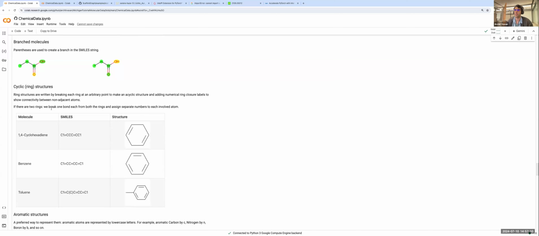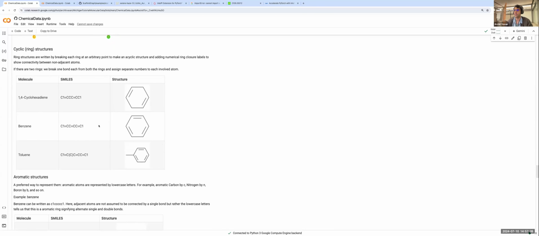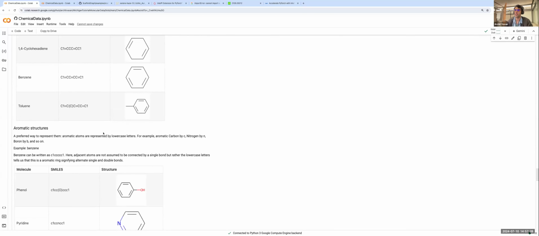This system is also able to take into account cyclic structures, structures that have a ring, by simply indicating the start point with a 1 and then continuing along the ring structure until you reach the end.